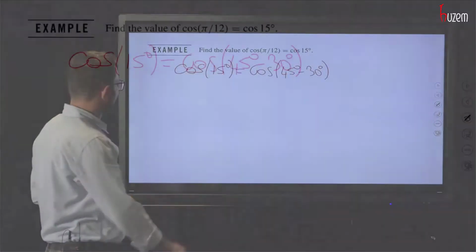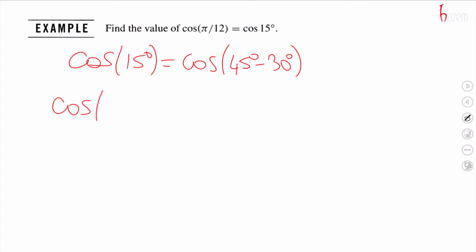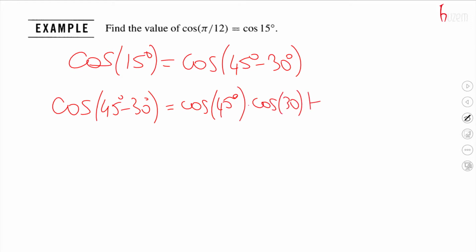Let's use this identity. Cosine of 45 minus 30 degrees is equal to cosine 45 degrees times cosine 30 degrees, plus, in between, sine 45 degrees times sine 30 degrees. Cosine 45 is root 2 over 2. You can check from the table as well.